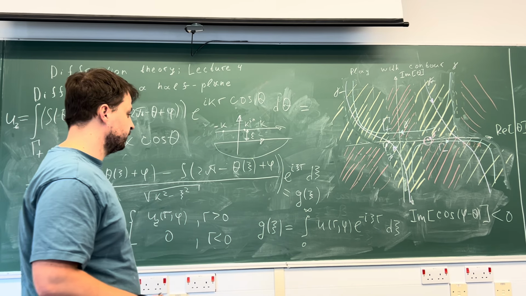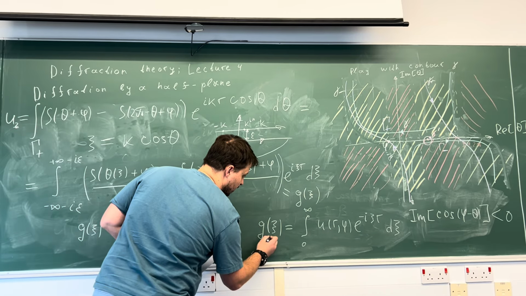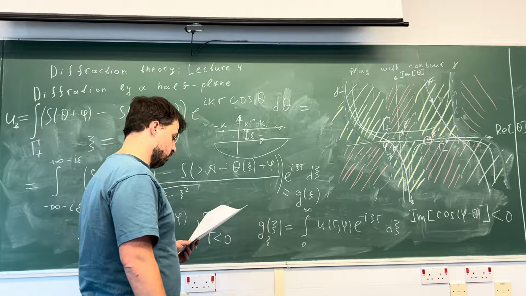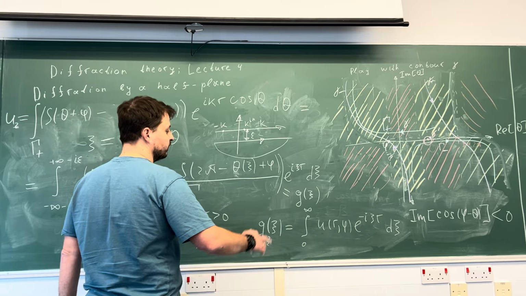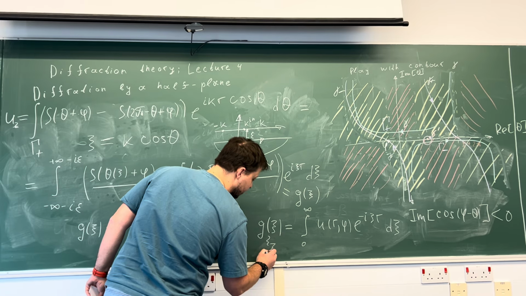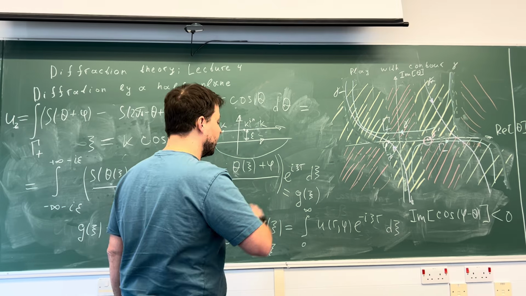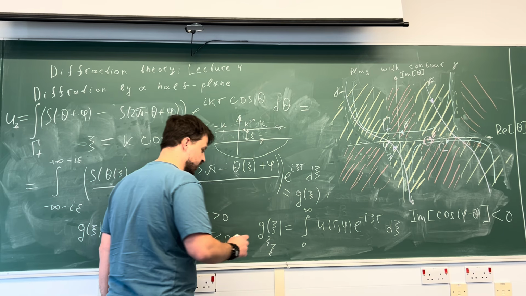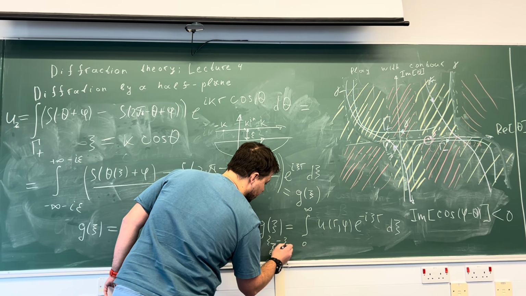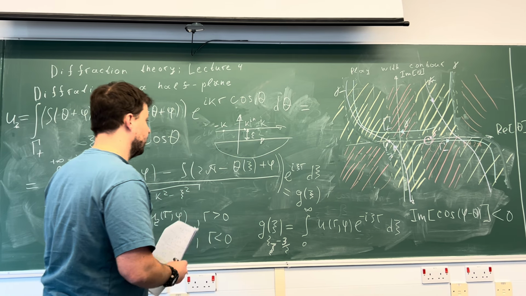Thus it behaves as, so since this thing should behave as r to the minus 3 minus 1 over 2, for this function we have a mixing condition, as a consequence of the mixing condition that it should behave like this. So what remains?